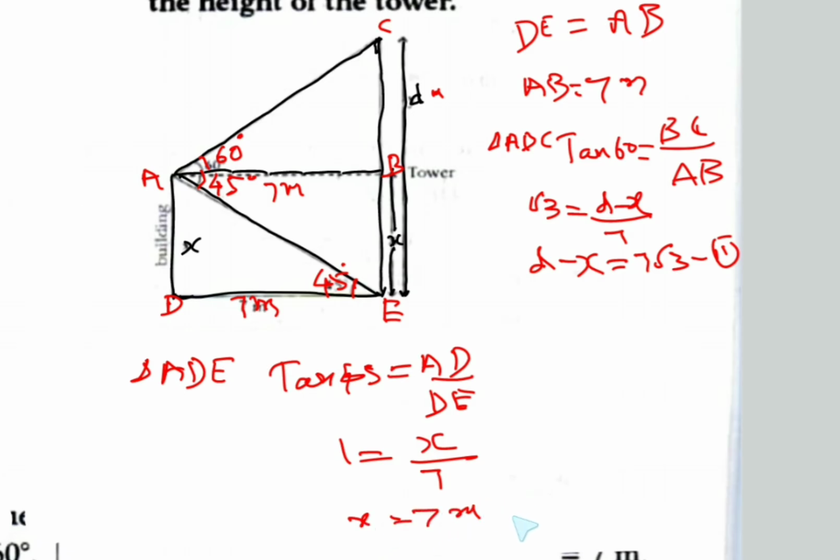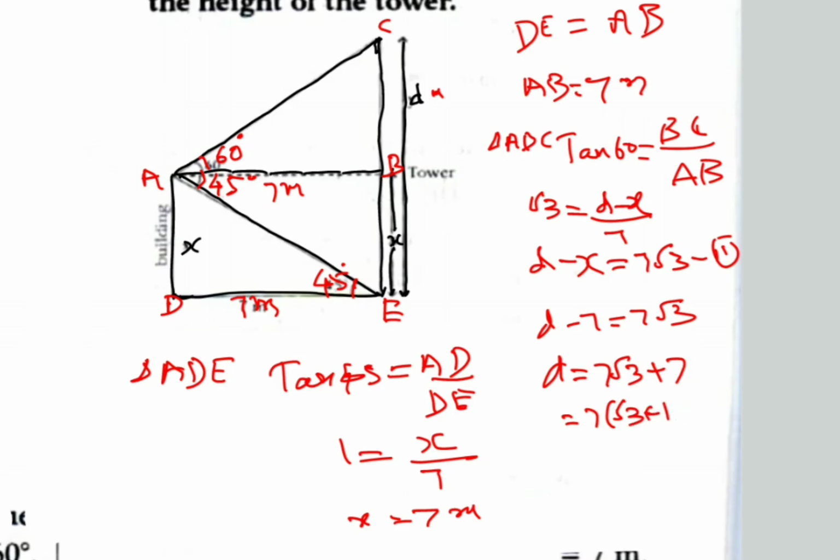This is number 2. And substitute this value in the equation. D minus X, that is D minus 7, is equal to 7 root 3, and D is equal to 7 root 3 plus 7. 7 is common.